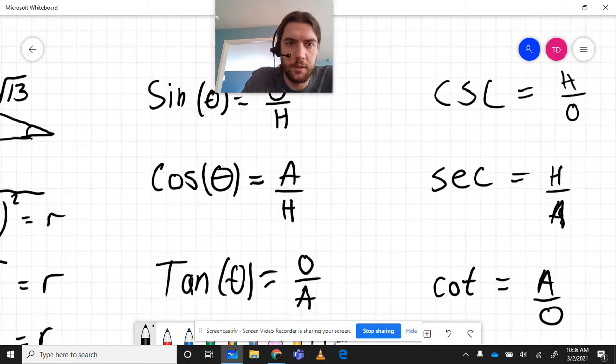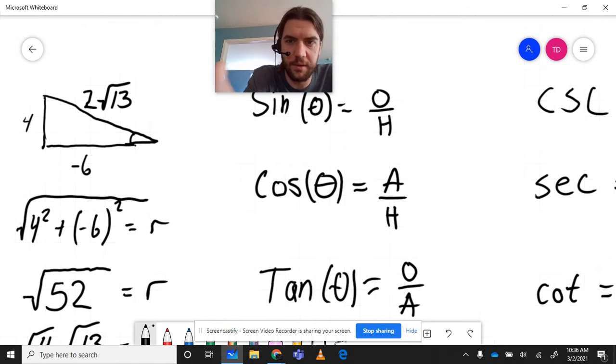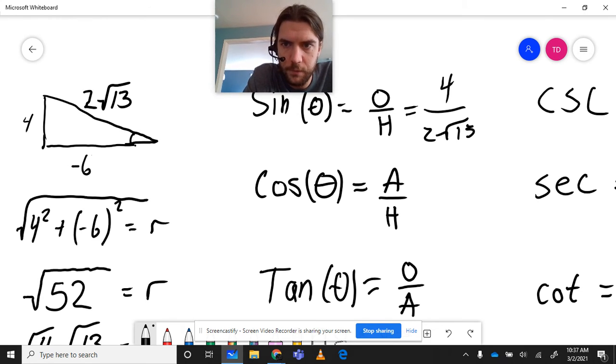Okay, so in this case, our opposite side is 4. Our hypotenuse is 2 root 13, so we're going to have 4 over 2 root 13. So that's going to simplify down to 2 over root 13.